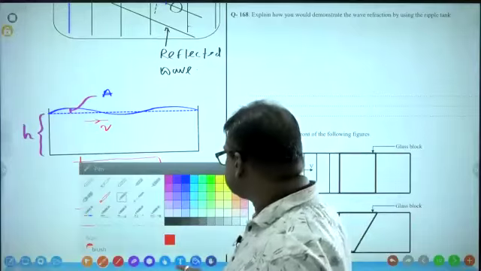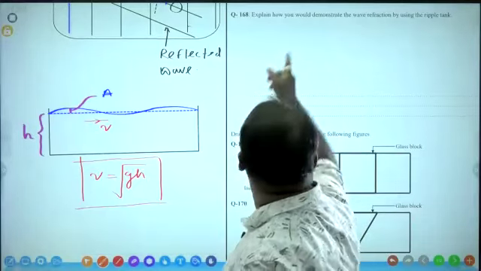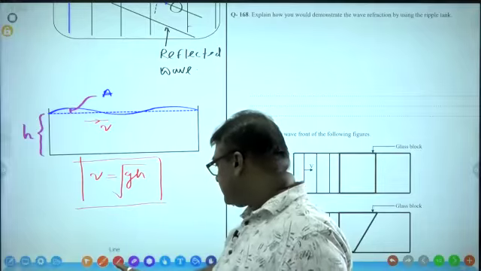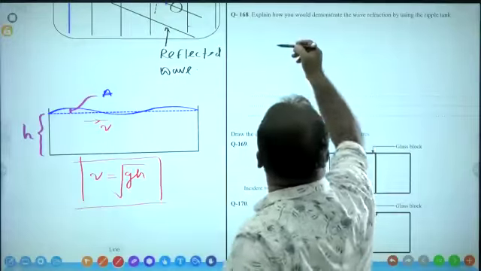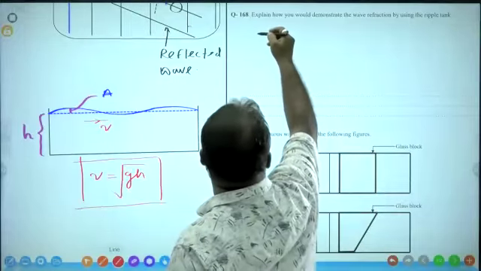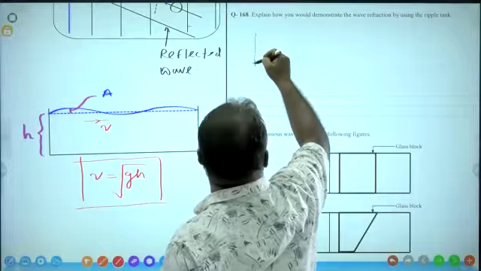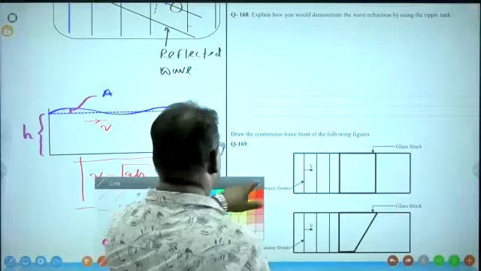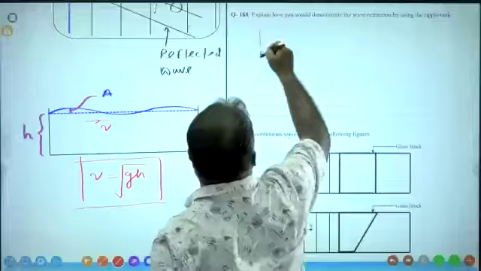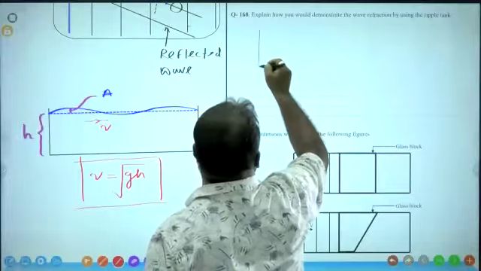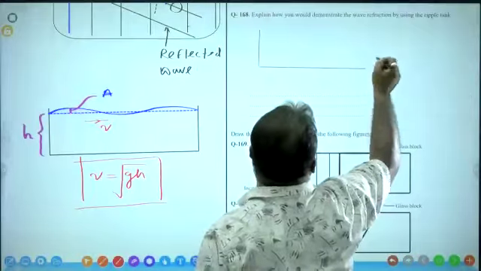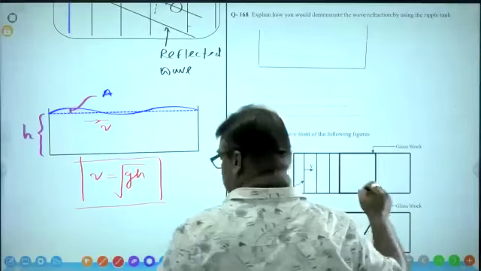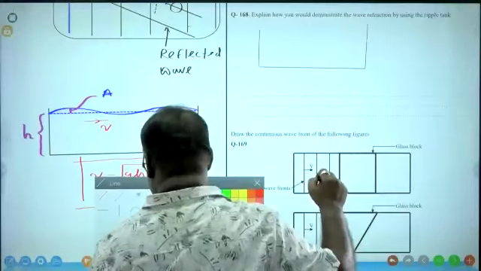Okay, then demonstration of wave refraction, right? To achieve this, we are using this kind of ripple tank with different heights.